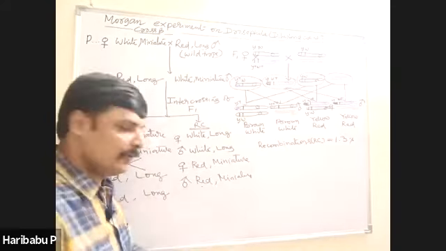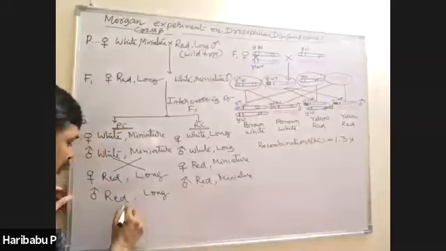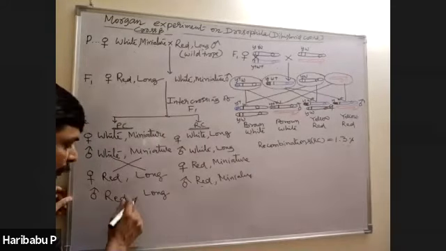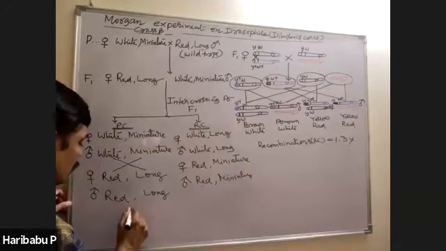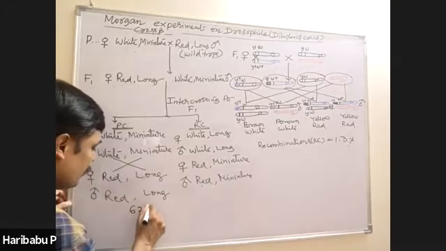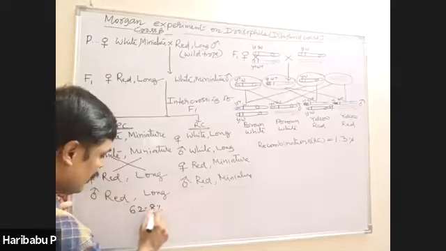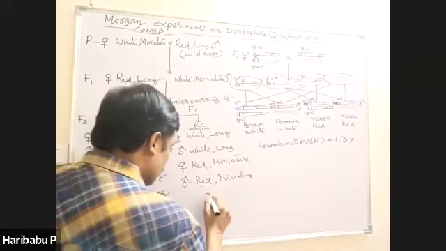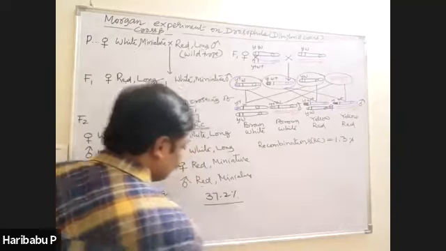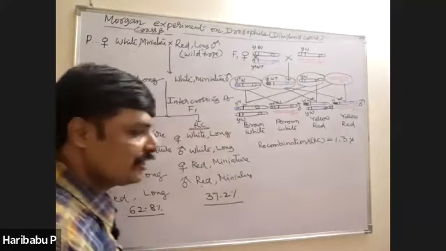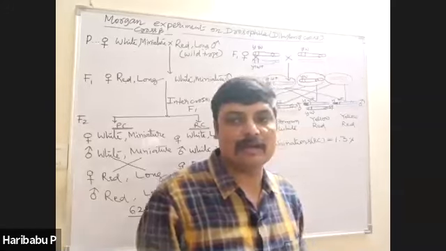They are obtained in certain percentages. Here they got 62.8% parental combinations and 37.2% recombinations. Quite contrasting to the previous cross.